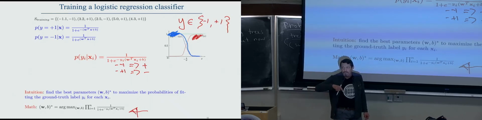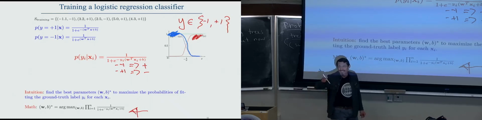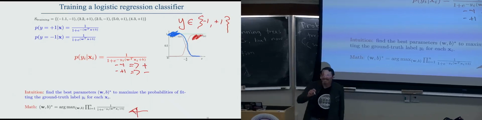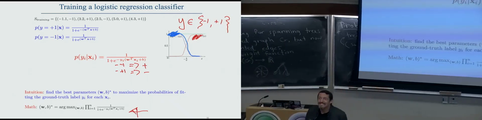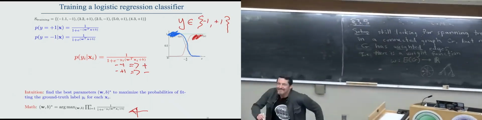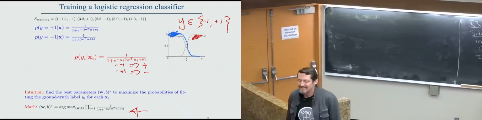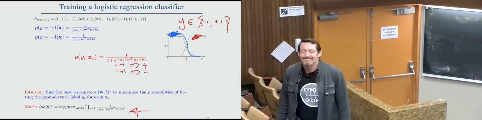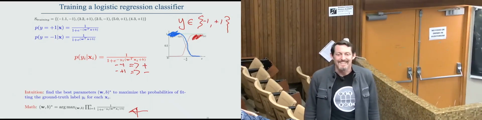Is that why we label y with negative 1 and 1? Sorry, I couldn't hear you. I mean, is that why we use y to be negative 1 and 1, to maximize the probability? Exactly.